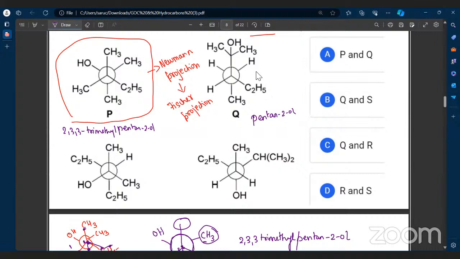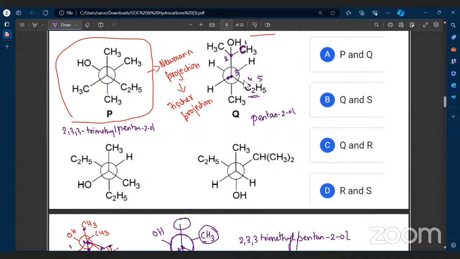So now can you tell me which is the parent chain over here? When I take this carbon, it is 1, 2, and it is 3, 4, and 5. This is your parent. In the second one, I have alcohol and a methyl group. So therefore, what would be the name?